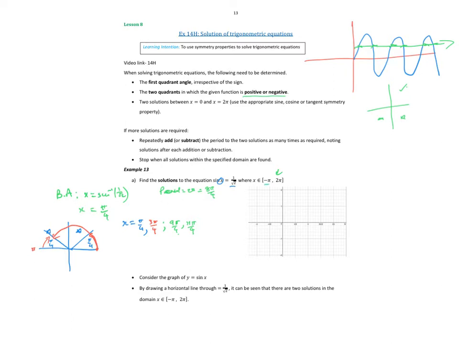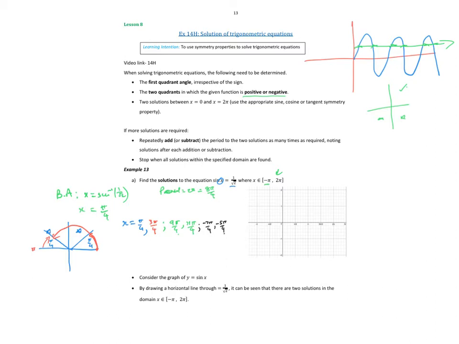If I want to get the next two, I add another 8 on 4. Since we've got to consider the negative direction, let's subtract 8 pi on 4 from both. So two more solutions will be pi on 4 minus 8 pi on 4, which is negative 7 pi on 4, and 3 pi on 4 minus 8 pi on 4, negative 5 pi on 4. They're all solutions. I could subtract another 2 pi if I want two more.